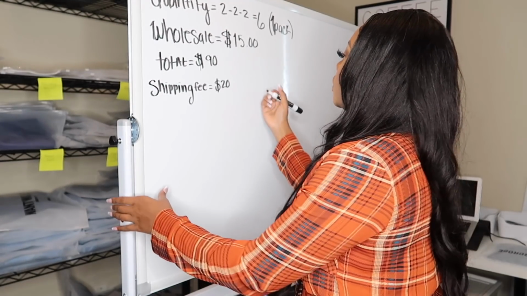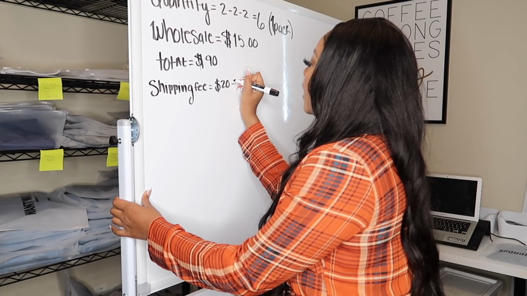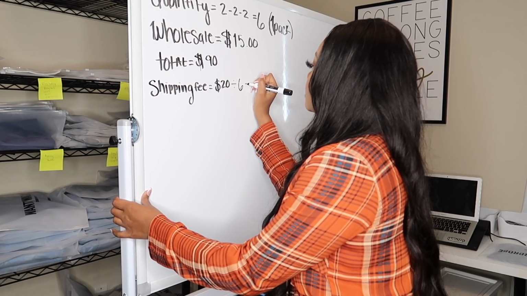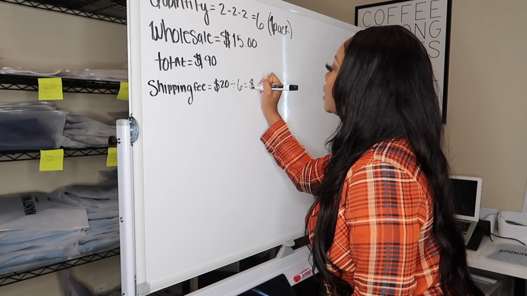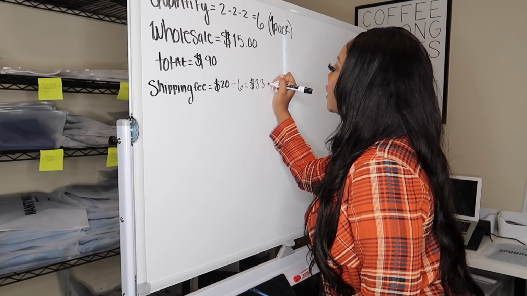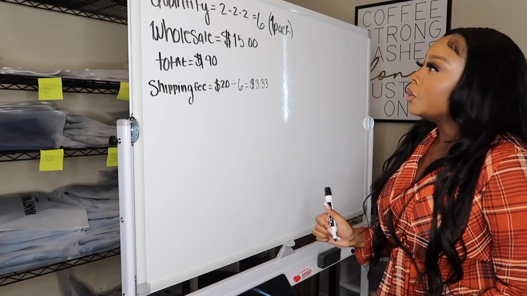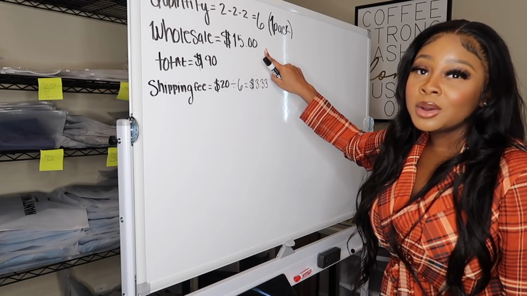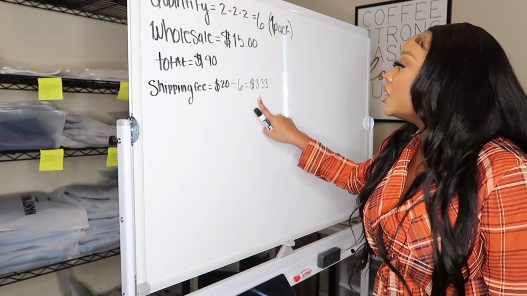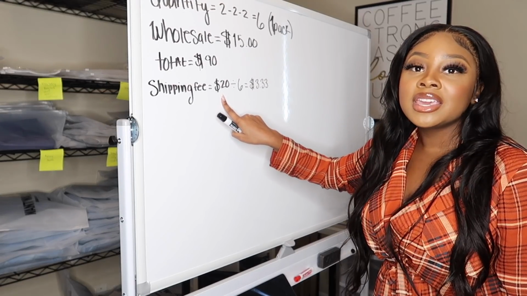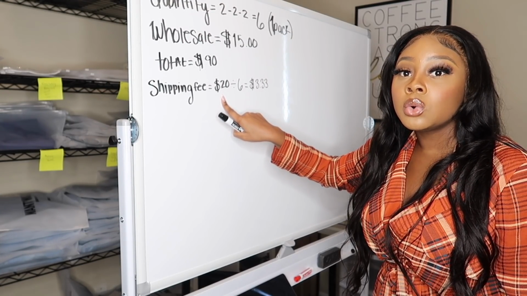So I'm going to take the $20 and divide it by 6. So 20 divided by 6 is going to give me $3.33. Which means instead of my wholesale price being $15 now, I have to add $3.33 in order to get paid back the $20 that I spent on shipping.